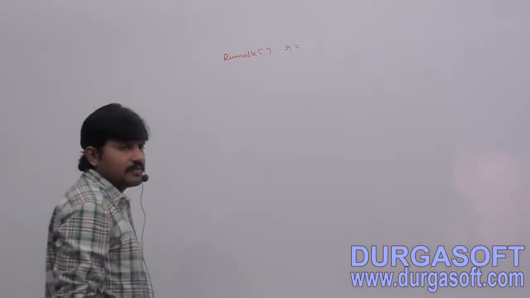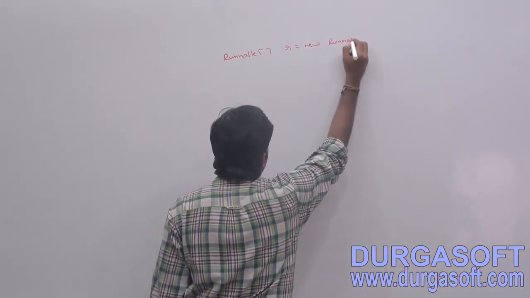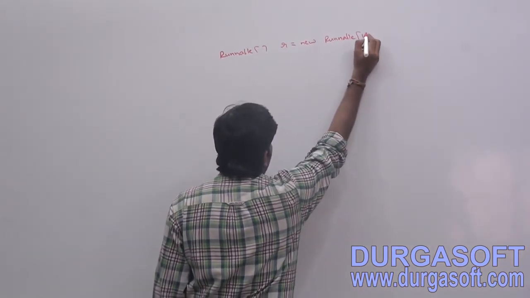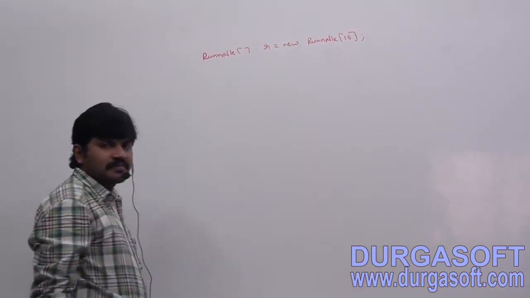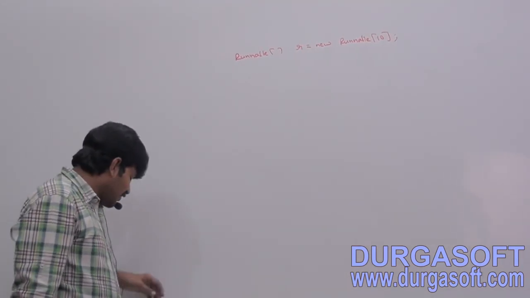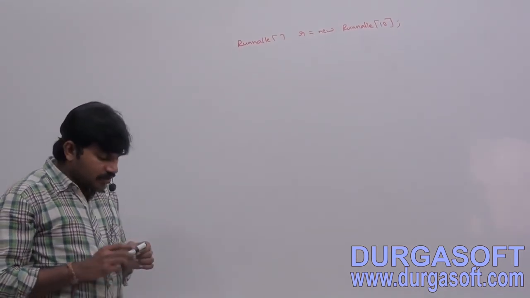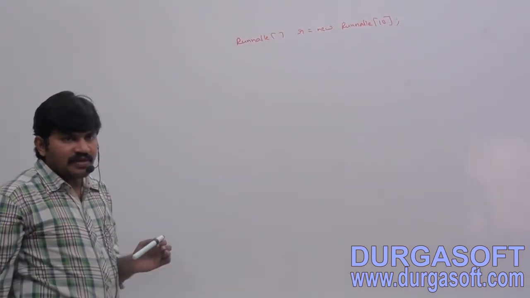Runnable array r is equal to new Runnable array of 10, like this I am taking. Is it valid or invalid? That's what you have to identify.